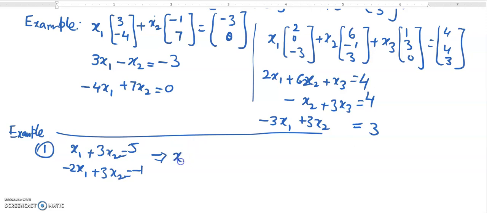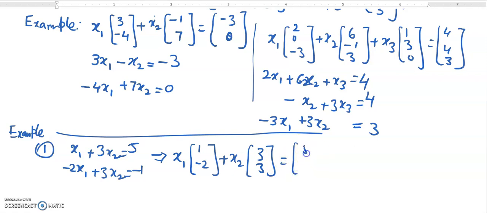We put x1 times the first vector (1, minus 2), and then x2 times the second vector (3, 3), and the vector on the right-hand side will be (5, minus 1). So we can also reverse the operation. Yes, I will continue with a few more examples from this topic in the next video.